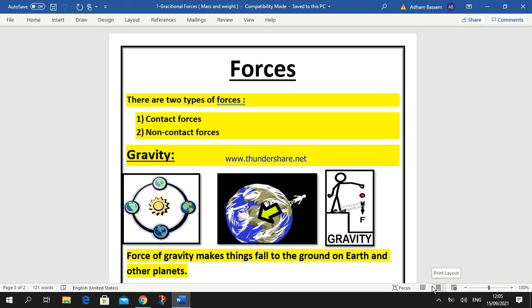The difference between them: contact force needs the objects to be touching each other, like friction force. But non-contact force does not require the 2 objects to be touching each other, like magnetic force.